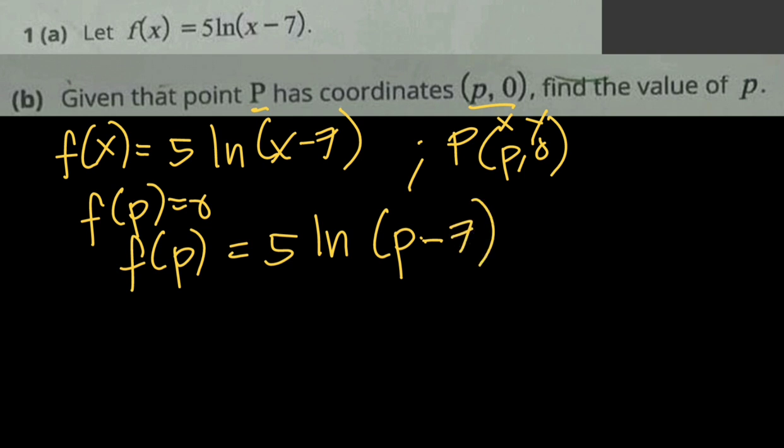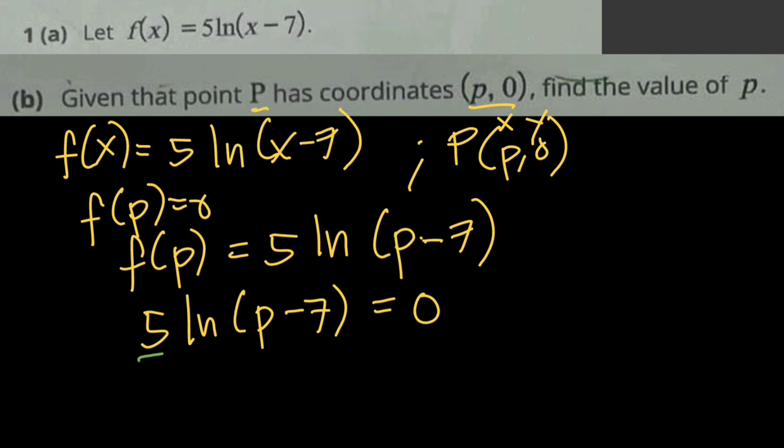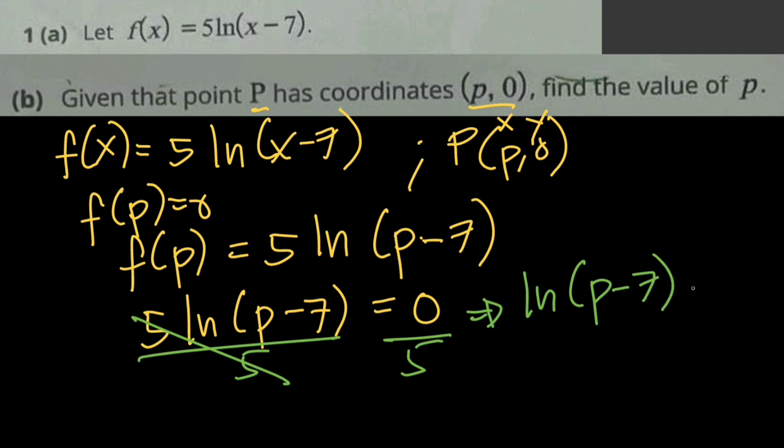Since f of P is equal to 0, therefore 5 ln of P minus 7 is also equal to 0. Then we can solve for P from here. So we divide both sides by 5. Then we have ln of P minus 7 equals 0. And then we can use the property of natural logarithm.